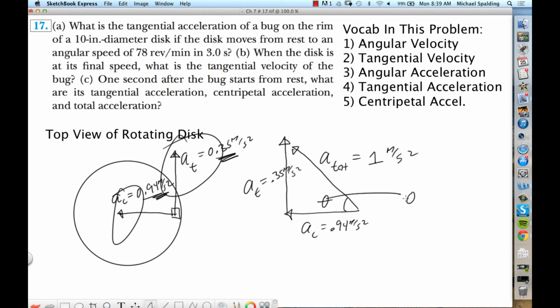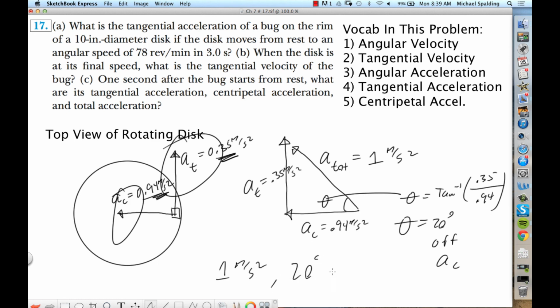So that theta is going to be tangent inverse opposite over adjacent. So that comes out as 20 degrees off the centripetal acceleration. So the final answer, the total acceleration, 1 meter per second squared, 20 degrees off centripetal acceleration.